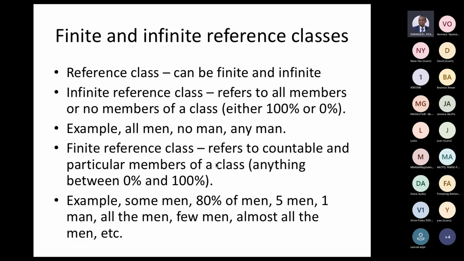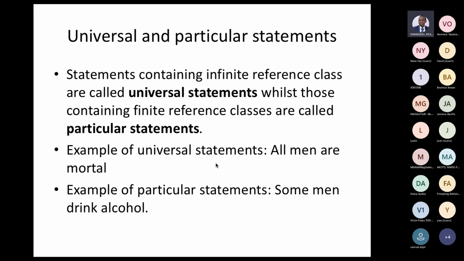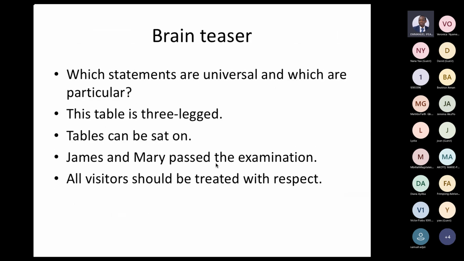Anything between 0 and 100%. Then we have universal and particular statements. Universal statements are those statements that contain the infinite reference class. And then the particular statements are those statements that contain the finite or the countable reference class.